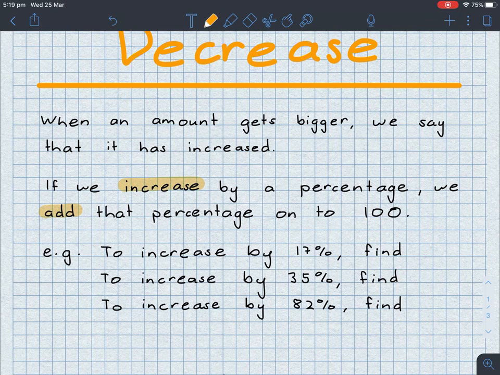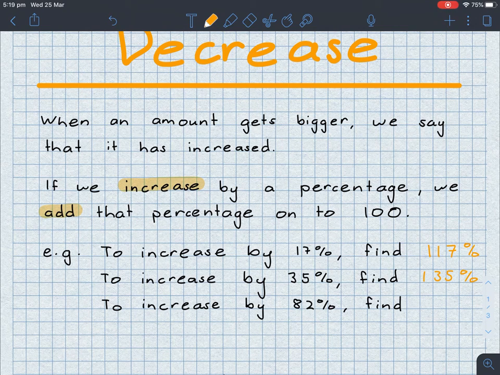So here, to increase by 17%, what we do is we find 117%. So all I did was 17% plus 100. If we want to increase something by 35%, we're going to find 135% of that original amount.